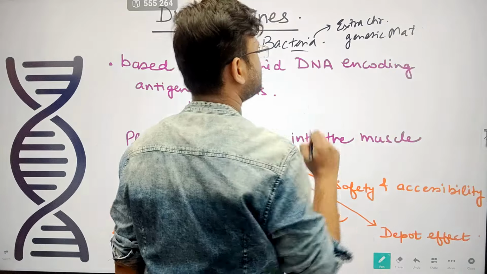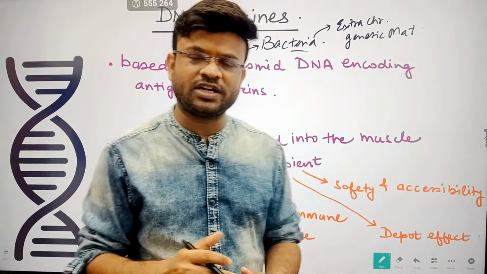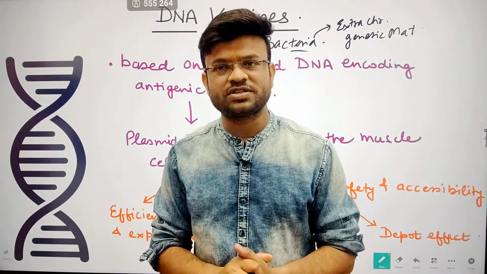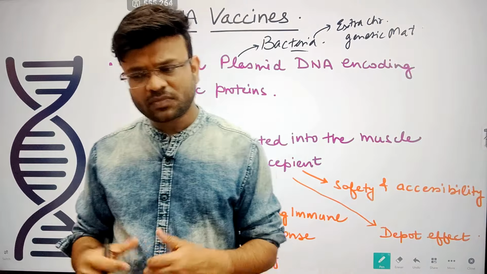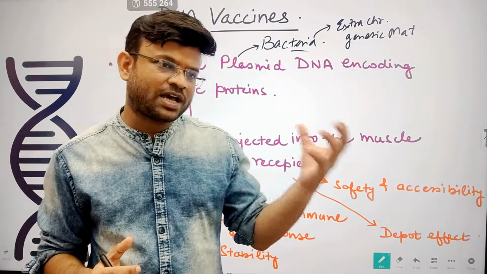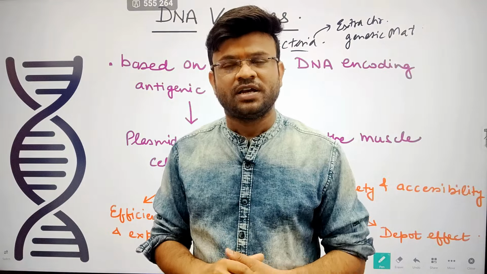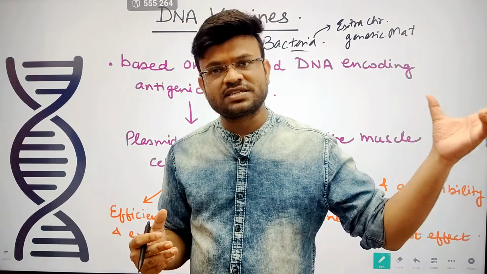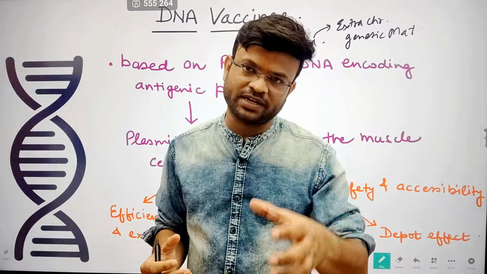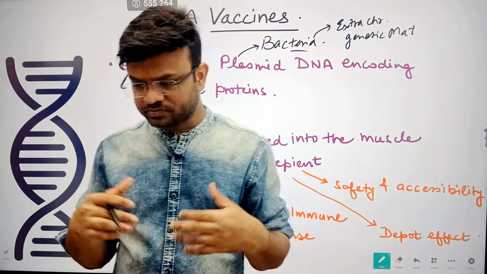It is the extra chromosomal genetic material present inside the bacteria that often gives some additional properties to the bacteria. For example, a bacterium having a resistance plasmid will have resistance against a particular antibiotic.